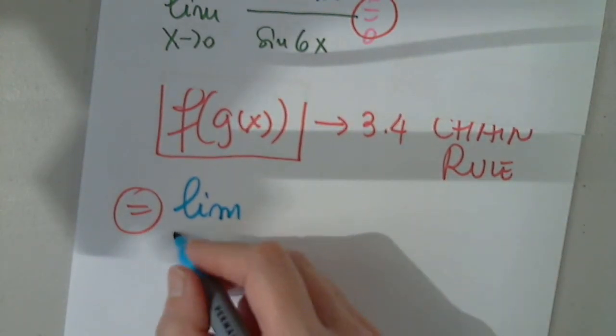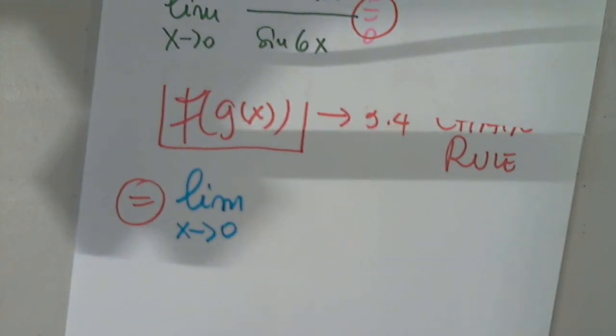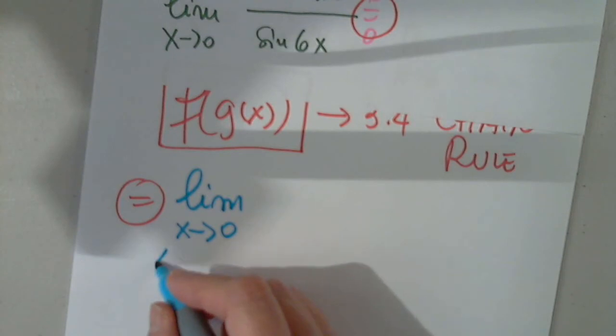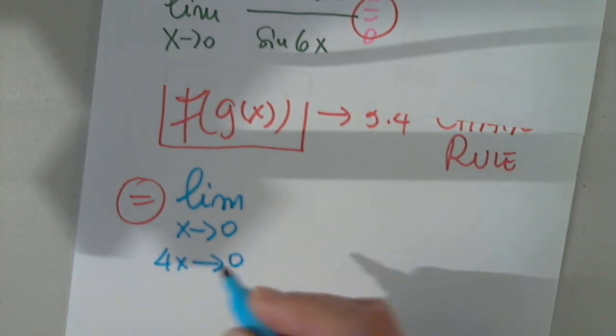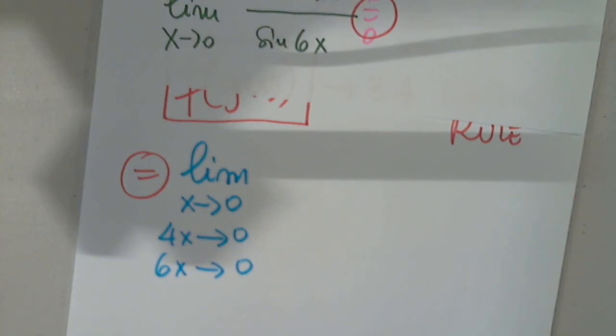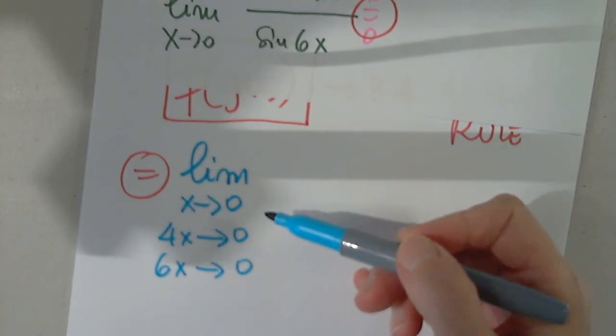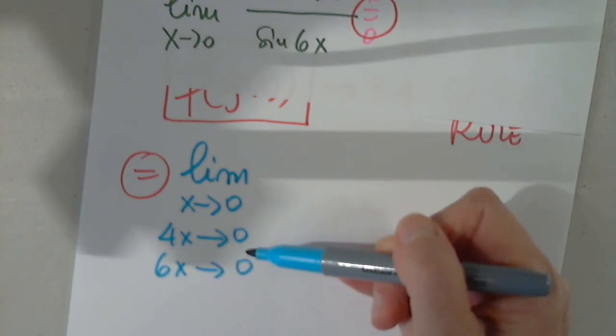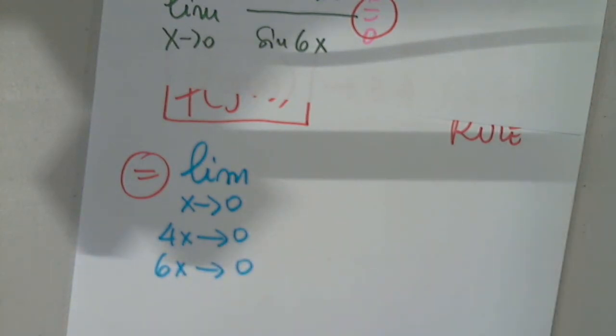Would you agree that when x approaches 0 and I multiply by 4 or multiply by 6, I still get 0? If x approaches 0, do you agree that 4x approaches 0 and 6x approaches 0?